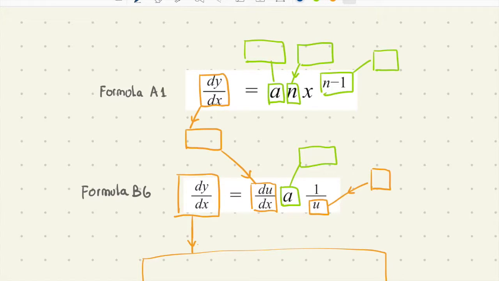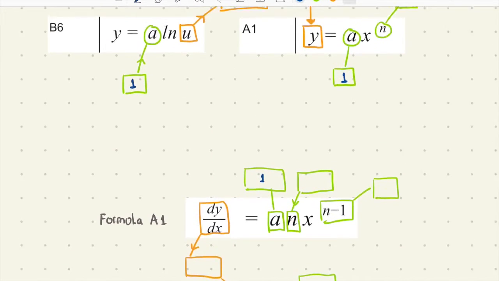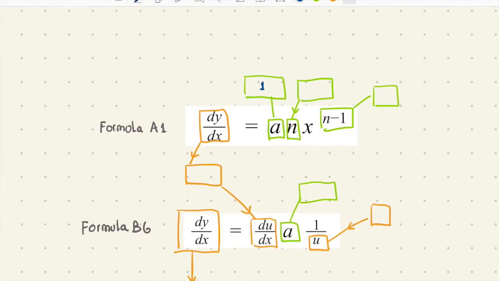We apply formula A1. A is equal to 1, as we've seen before, n equals 3. N minus 1 is 2. Hence, dy dx will be 1 times 3 x power 2, which is 3x squared.